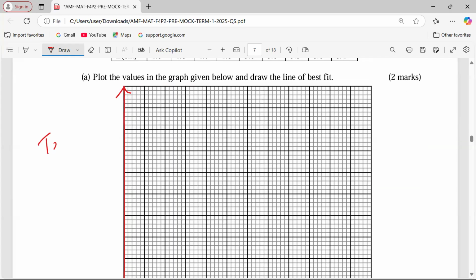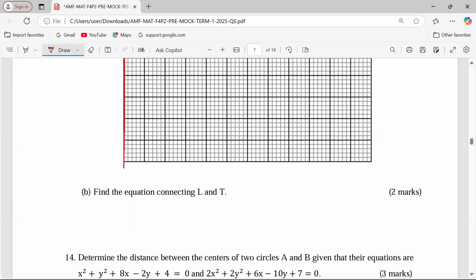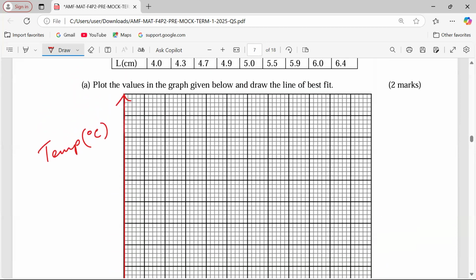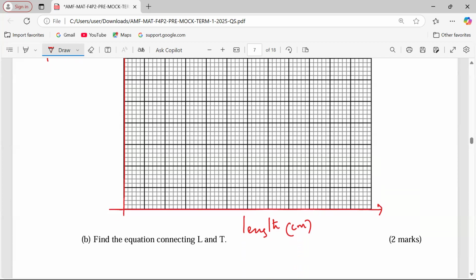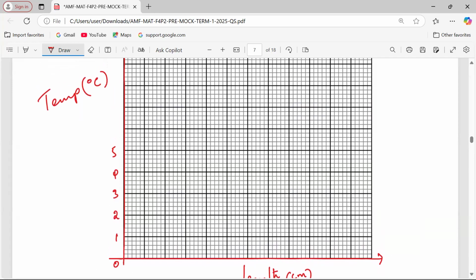So we can have temperature here in degrees Celsius. Then we will have the length of the rod on the x-axis, in centimeters. For the temperature, which is running from 0 to 8, I can have 0, 1, 2, 3, 4, 5, 6, 7, 8, 9.